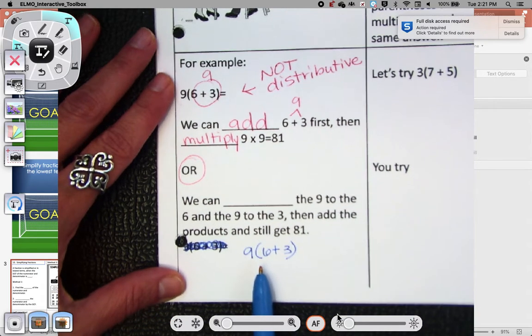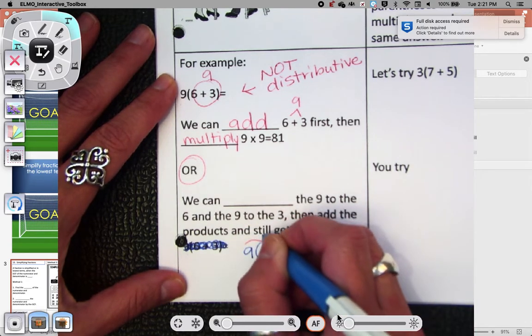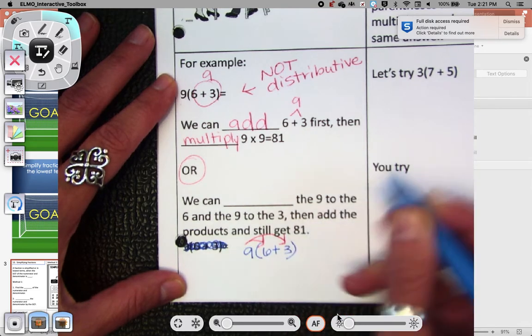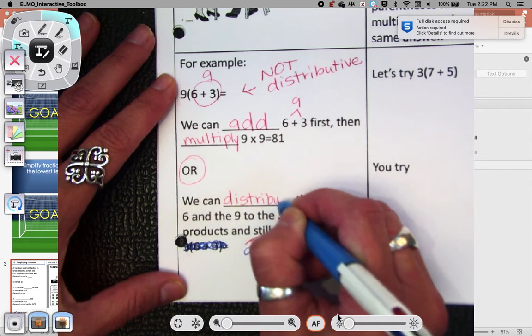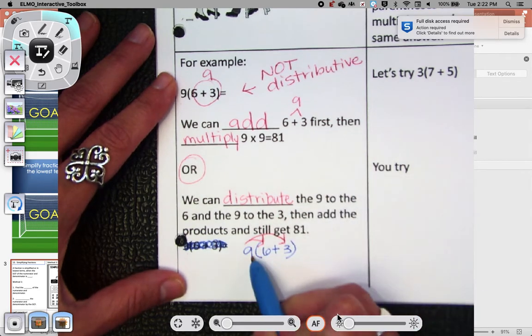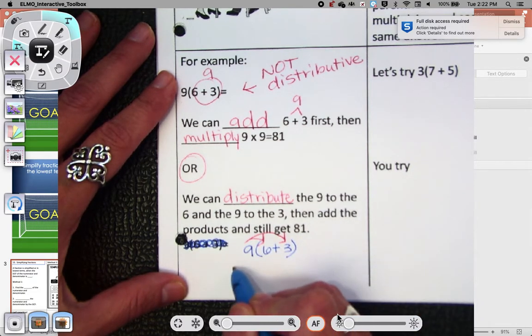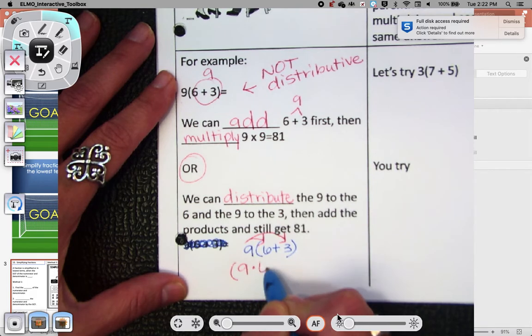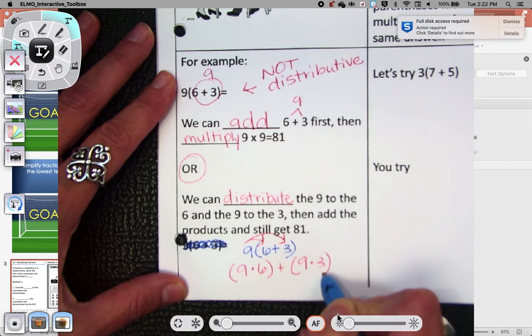In order to be considered the distributive property, you need to distribute the 9 to the 6 and to the 3. Remember, the parentheses mean multiply.